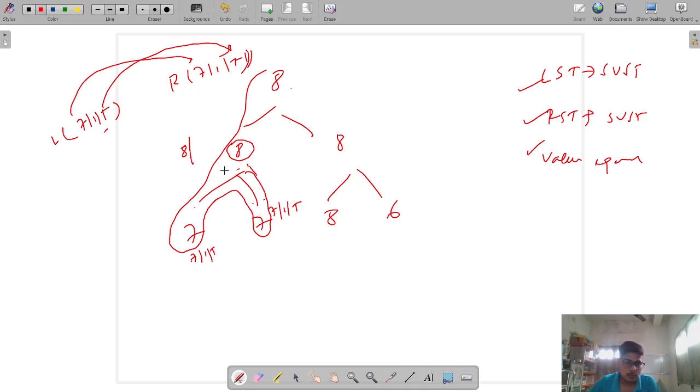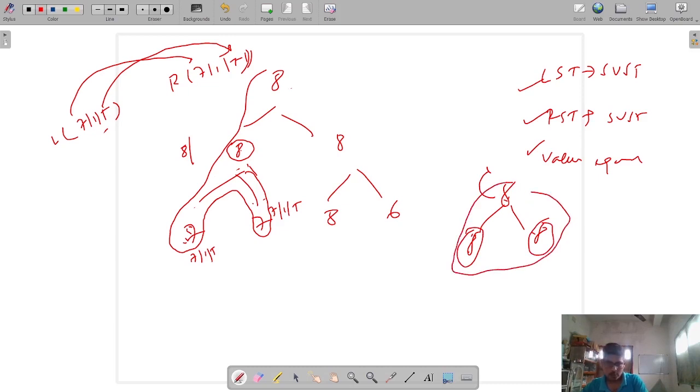Suppose these two are 8, and if these 3 are equal, then it will return the count for this plus the count for this plus 1, because in whole this is now a single value subtree, because 3 conditions are passed.